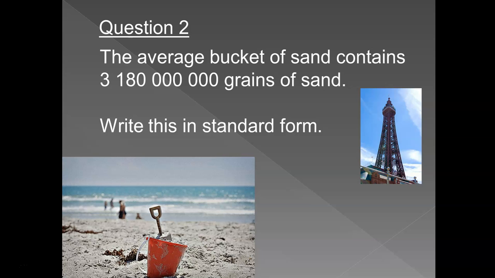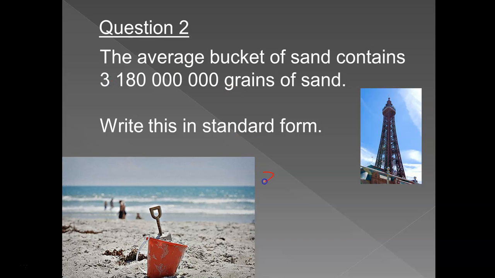Alright, so question 2. The average bucket of sand contains 180 million grains of sand. Write this in standard form. So again, you must get your number that is less than 10.